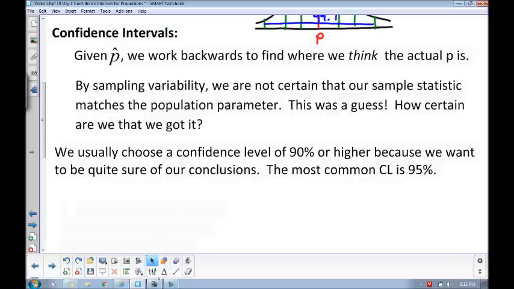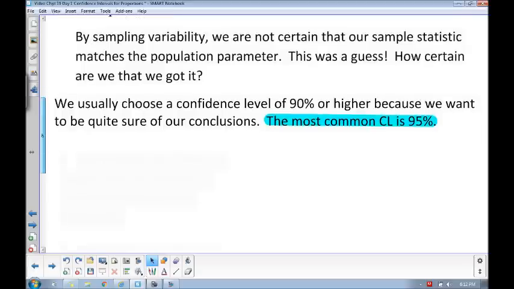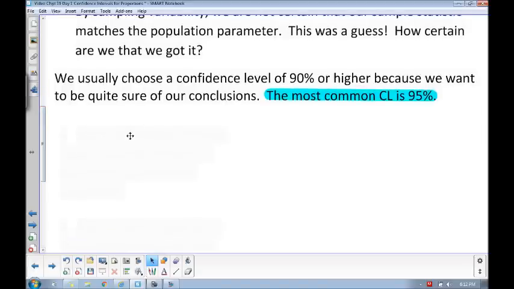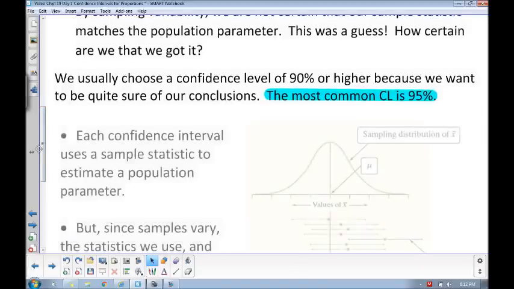And this is something I want you guys to make a note of, because if I do not tell you what the confidence level is for a specific problem, go ahead and use 95%. We do a lot of assumptions in statistics, so if it is not stated to you, assume your confidence level is 95%. Otherwise, we get variation within our own answers.